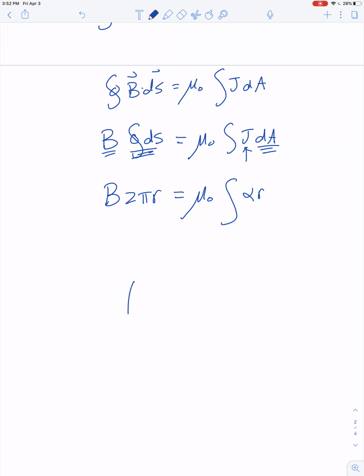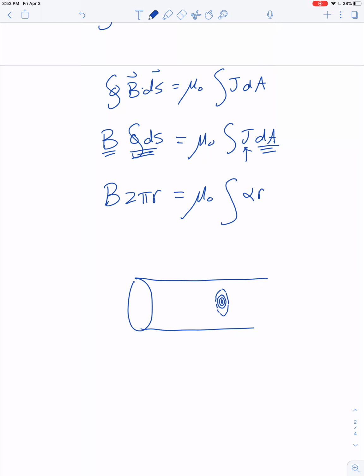So if this is a picture of the wire, then I need to imagine how much current is enclosed by that Amperian loop. So I imagine, first of all, how much is enclosed within that circle. And then on top of that circle, I add a little more area, like this. I add a little more area.